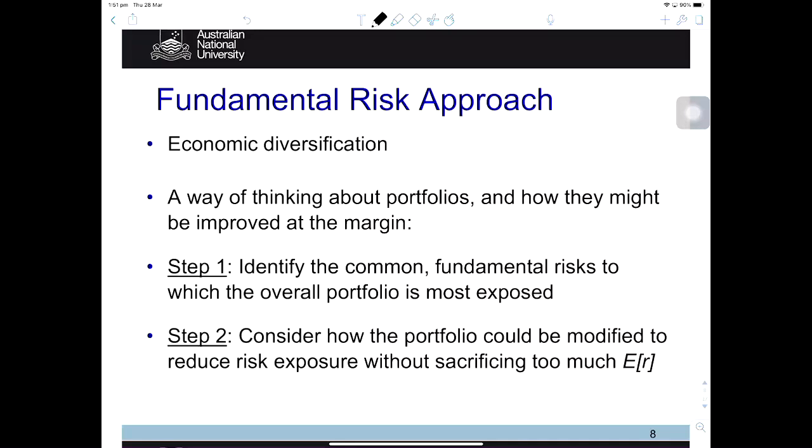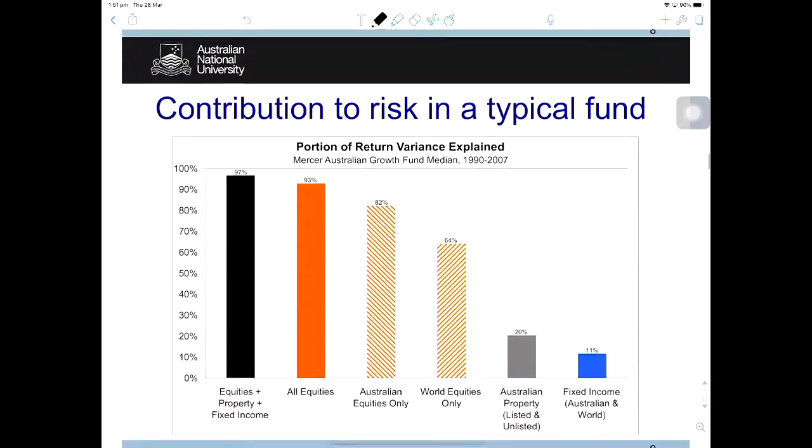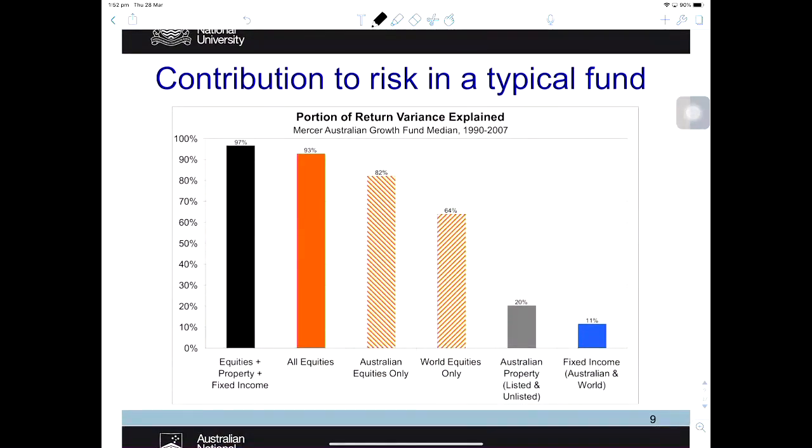It's basically referring to diversification across asset classes. You're looking at diversifying your total portfolio by allocating funds into more asset classes so that you probably will have a better risk-return trade-off for your total portfolio. But in reality, what we are facing is something like this.